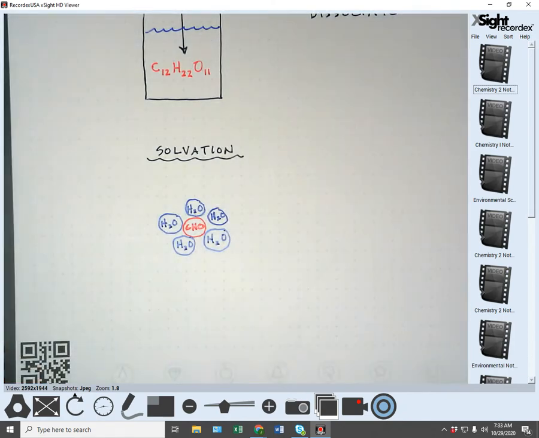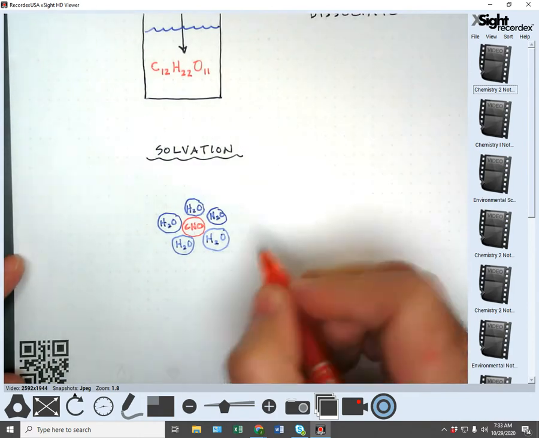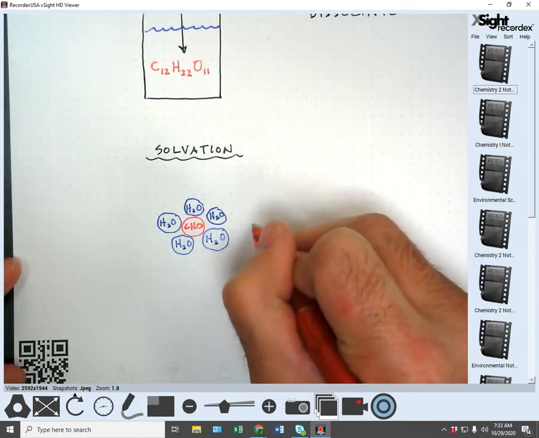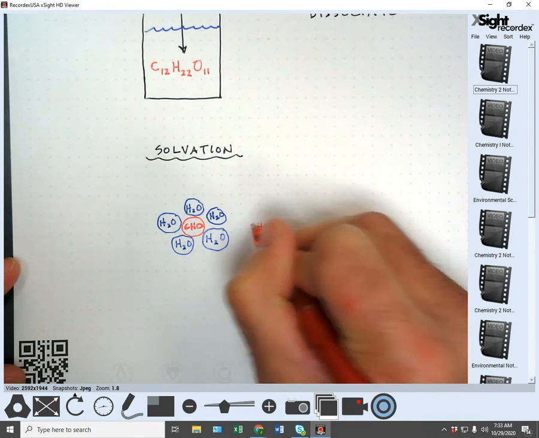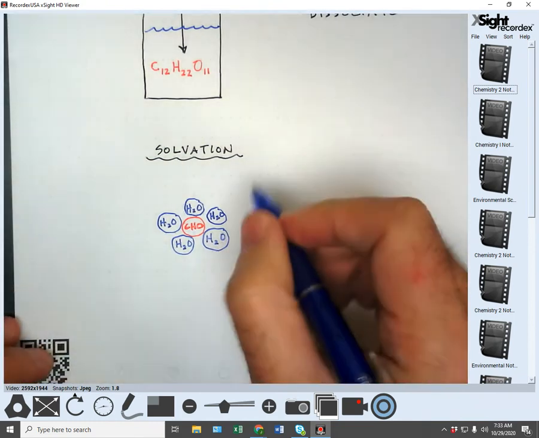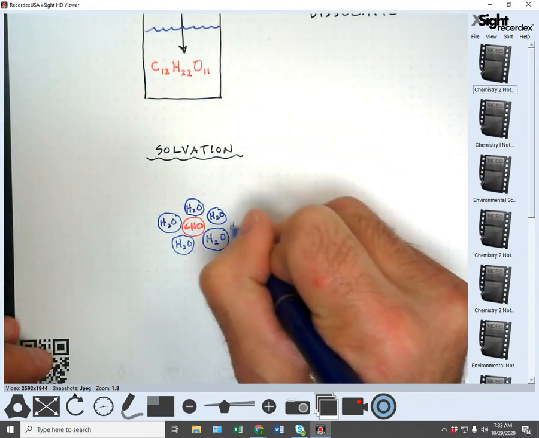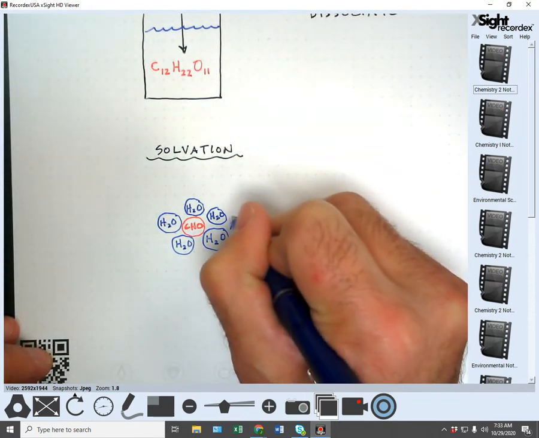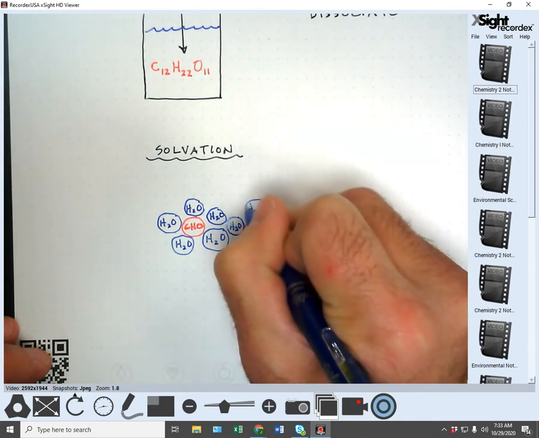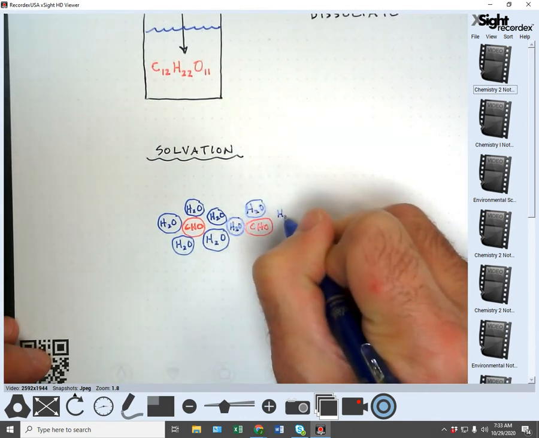What happens is the water molecules get in between and cluster around the sugar molecules. And what that causes is it keeps the sugar molecules far enough apart that you can't see them.